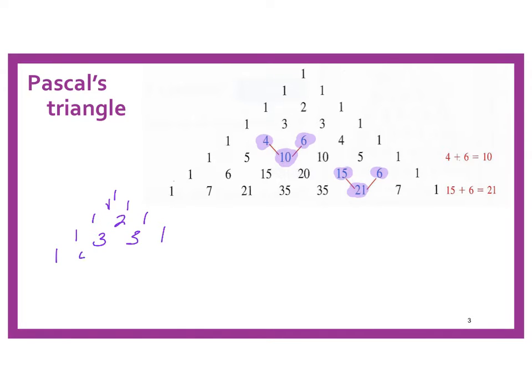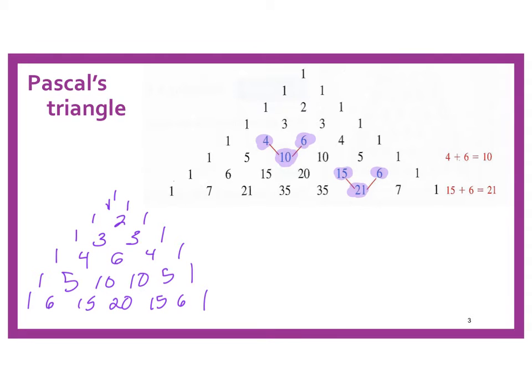Then 1, 1 and 3 is 4, 3 and 3 is 6, 3 and 1 is 4, and then a 1. Then 1, 5, 4 and 6 is 10, 10. Notice there is symmetry. It's identical backwards and forwards: 1, 6, 15, 20, 15, 6, 1.